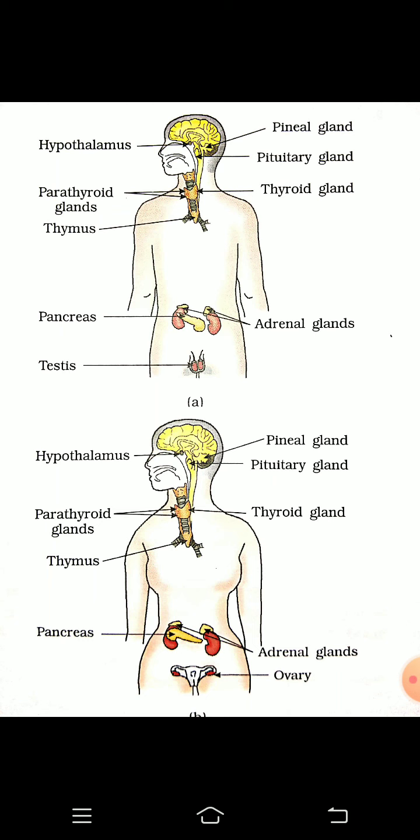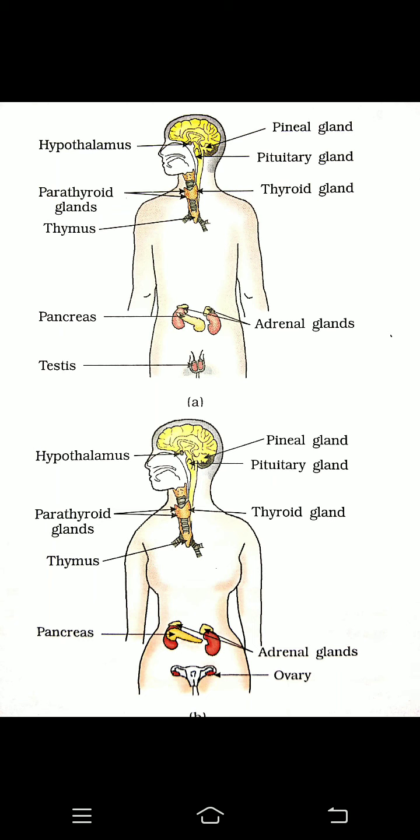That is why maybe you have heard that the persons who are suffering from diabetes, as a treatment, they are taking injections of insulin. For this reason, that insulin controls the blood sugar level. So, hormone is insulin. It is secreted by pancreas gland and it regulates blood sugar level.